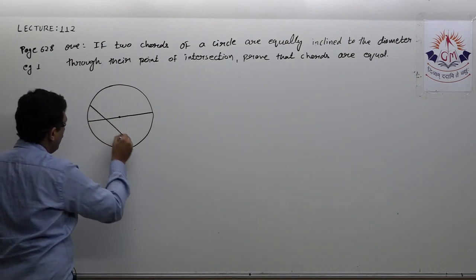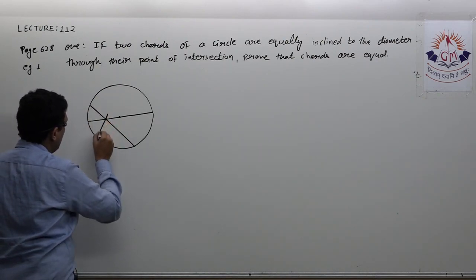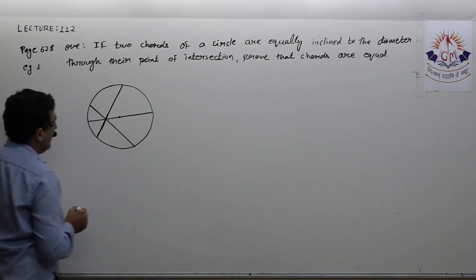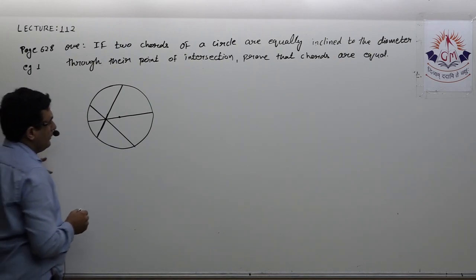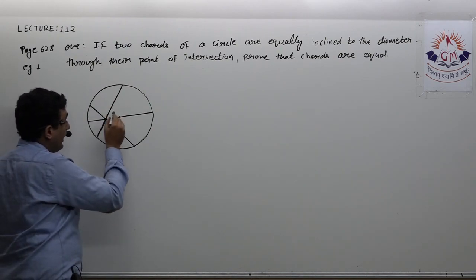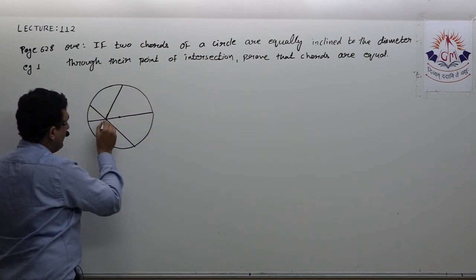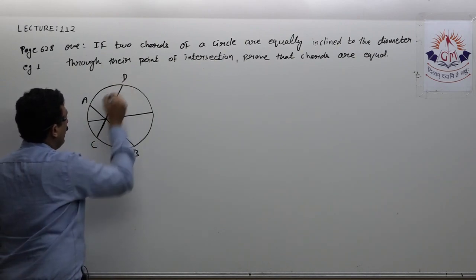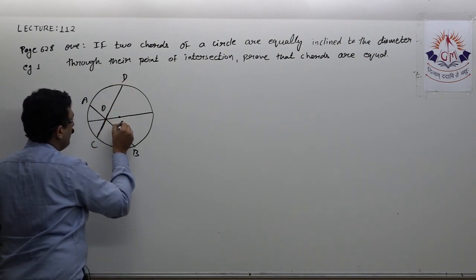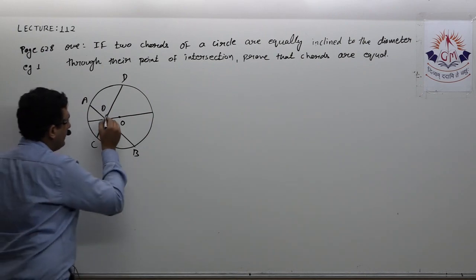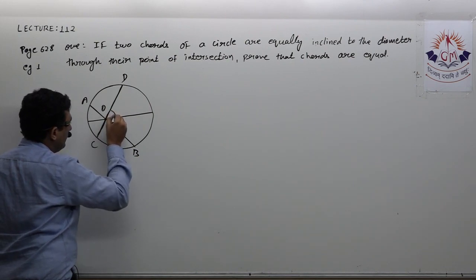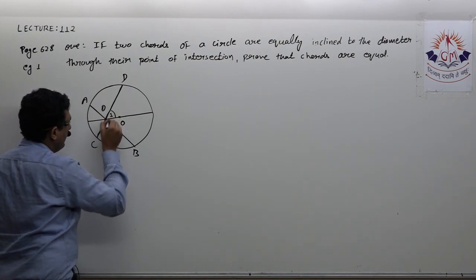Let this be the first chord and let this be the second chord. Now it is also given they are inclined to the diameter through their point of intersection. So let the chords AB and CD meet at point Q. O is the center of the circle, and this chord CD is inclined to the diameter, so this angle 1 is equal to this angle 2.